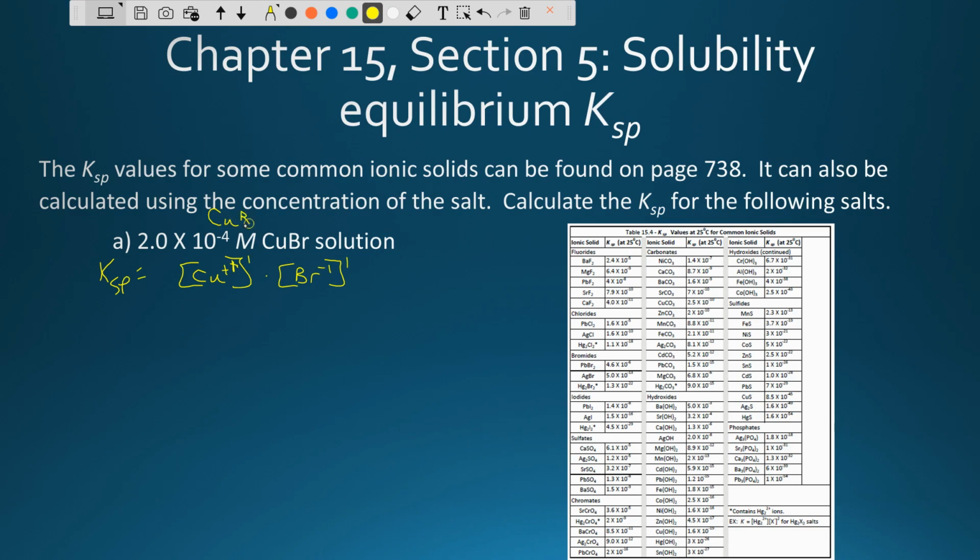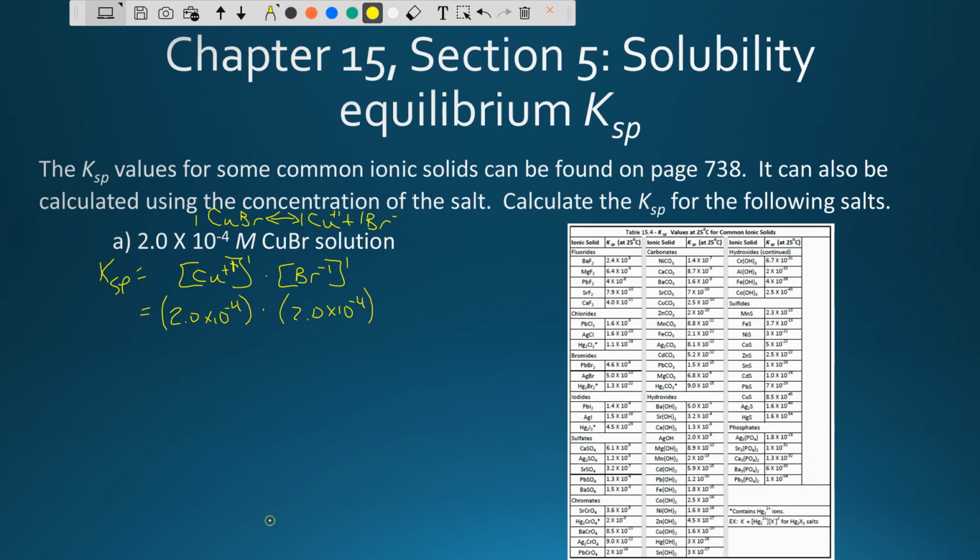My CuBr is going to break down into Cu plus my Br, and so I see that I have a 1-to-1-to-1 ratio. So that means if I have 2.0 times 10 to the -4 of this, it means that I have 2.0 times 10 to the -4 of this one, and we're going to multiply that by 2.0 times 10 to the -4 of my bromide.